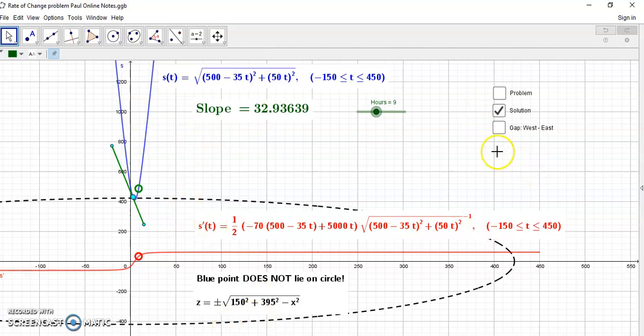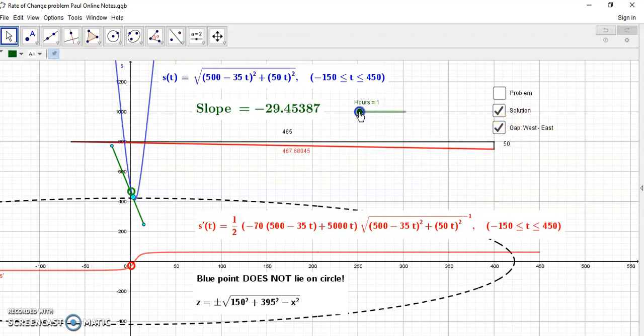So that's the first thing. And then the next thing is to try to understand this in any other way, like for example, the way these fools in the mainstream are telling you. What they're saying is you start off with car A here, west of car B, which is over here.